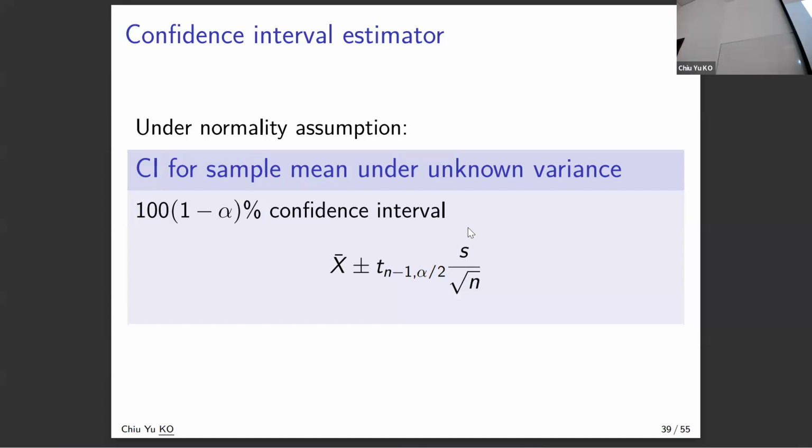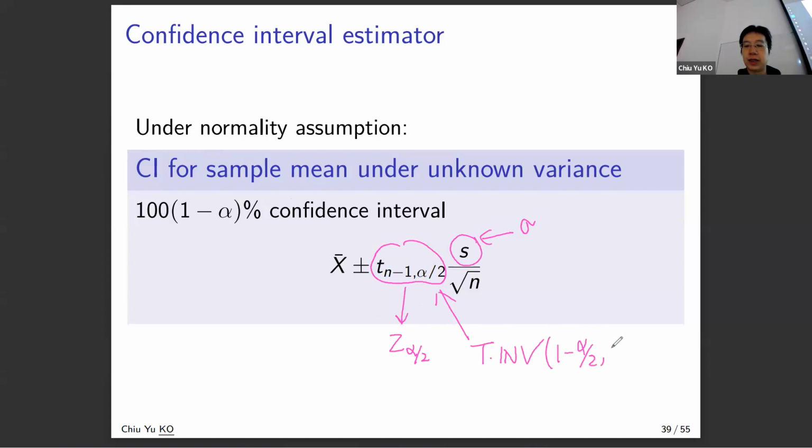The only differences are two things. First, we don't know sigma, so we use S to replace it. Second, before it was Z alpha over 2, but now we have the T value. So the Excel formula will be T.INV of 1 minus alpha over 2, and then n minus 1.